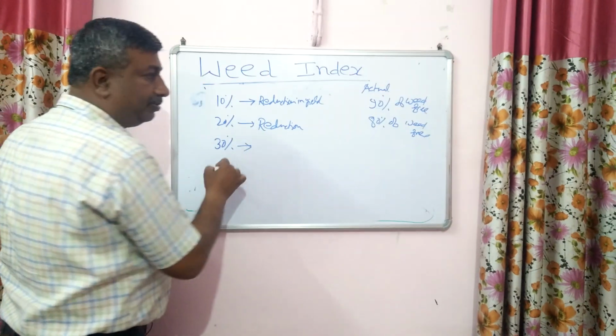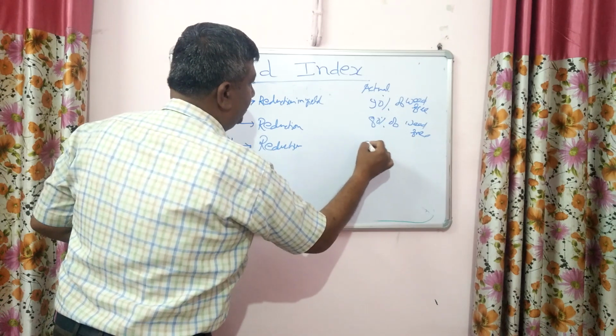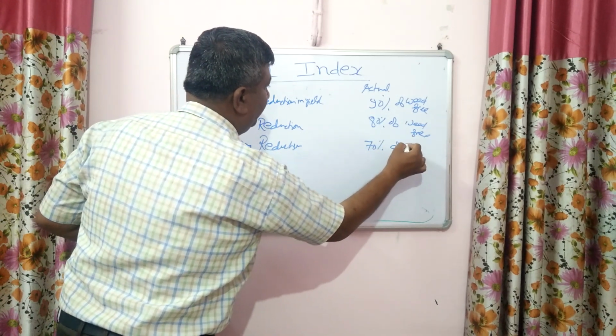If it is 30%, so it is 30% reduction. So it means it is 70% of weed free.